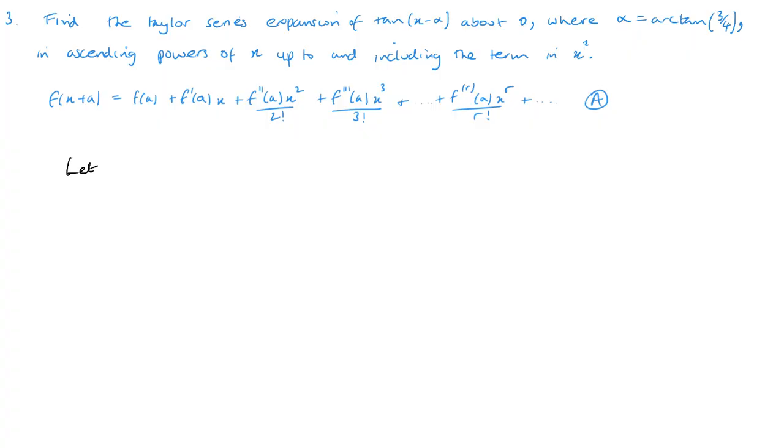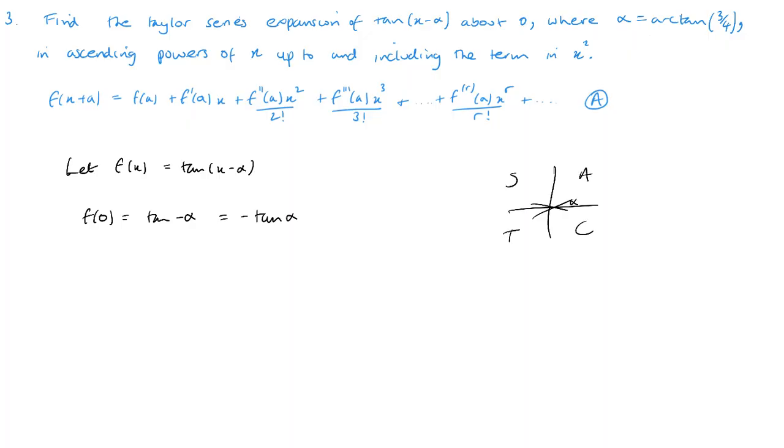So let's let f of x equals tan x minus alpha. So if I substitute x equals 0 in, so f of 0, then we've got tan of minus alpha. Now this is going to be the same as minus tan of alpha. Okay, you can just think of it in terms of the CAST diagram if you wish.